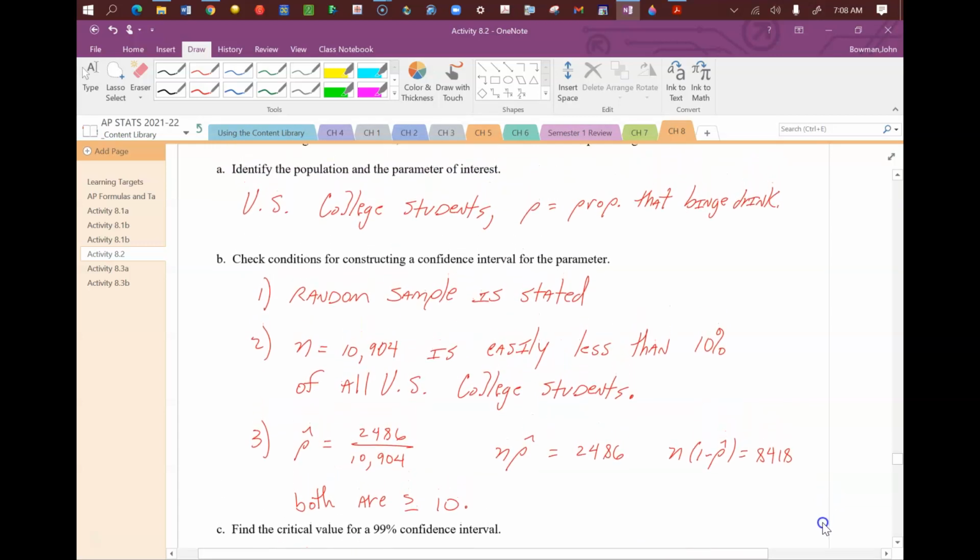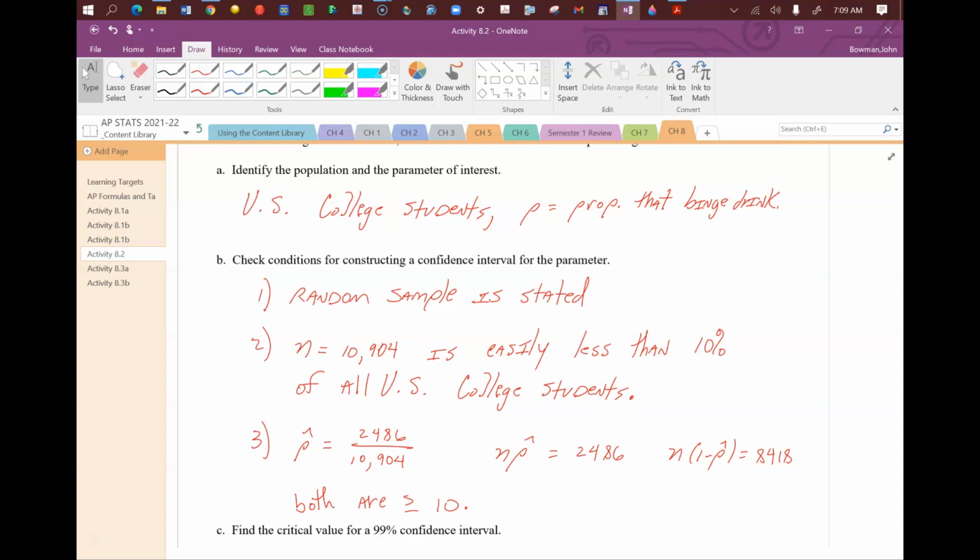Our sample proportion is 2,486 out of 10,904. So if you take the sample size times the sample proportion, you get the number of, quote, successes, the number of students that binge drink in this case, and n times 1 minus p hat, quote, the number of failures, which is the rest of the sample, 8,418.